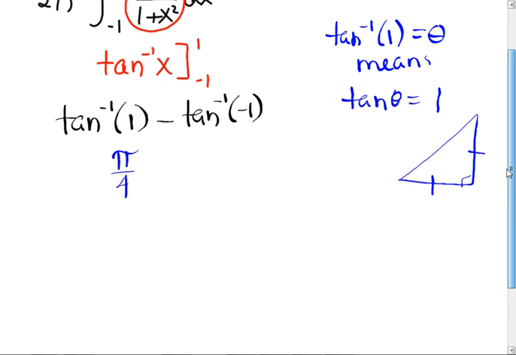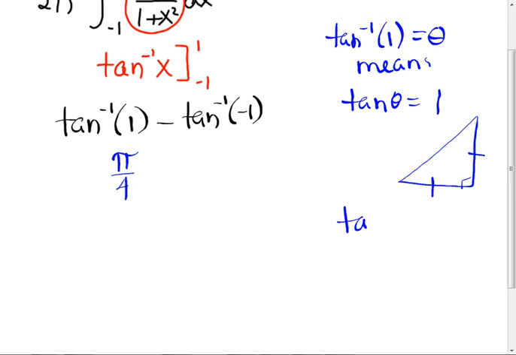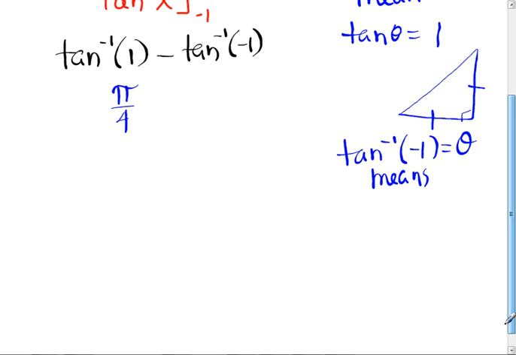So I picked a hard one. The inverse tangent of -1 equals theta, which means the tangent of theta is equal to -1. When I do my inverse trig functions, I forget about the negative and find the reference angle. It's pi over 4. Do you remember which quadrants the tangent can be in with your calculator?